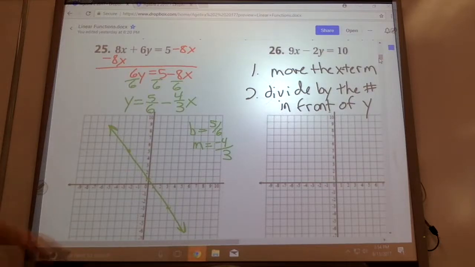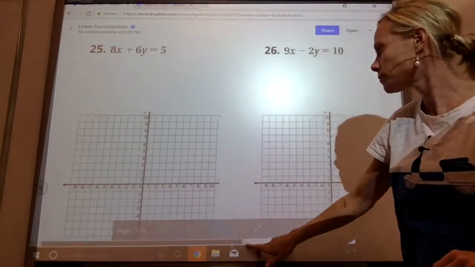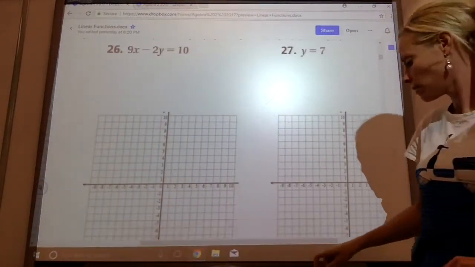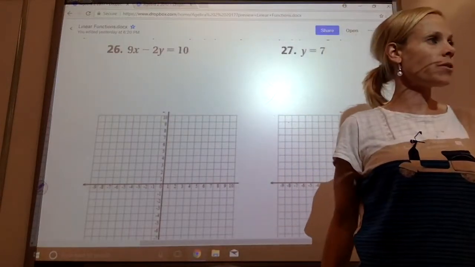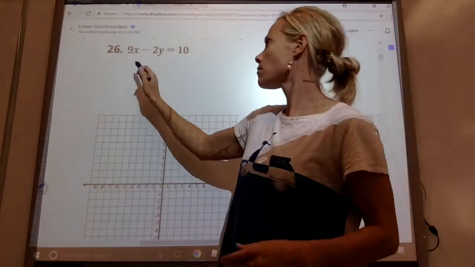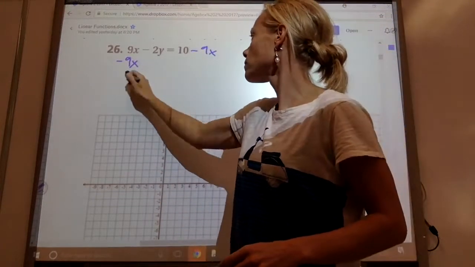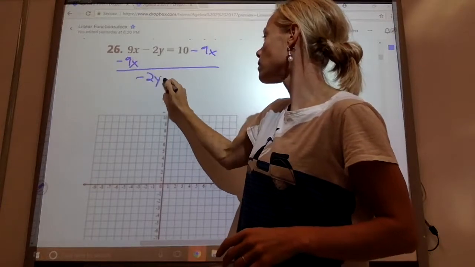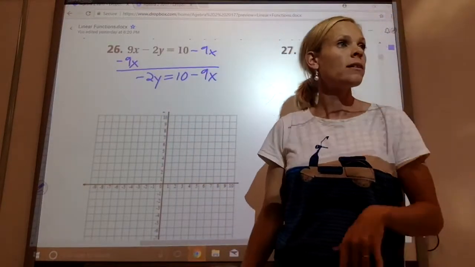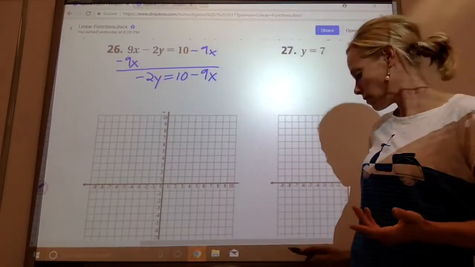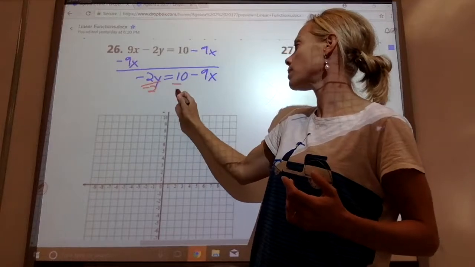Okay, try another one. Okay. So again, get it in slope-intercept form. What am I going to do first? Move the x term. And then divide by the number in front of y, which is a -2, so I divide everything by a -2.